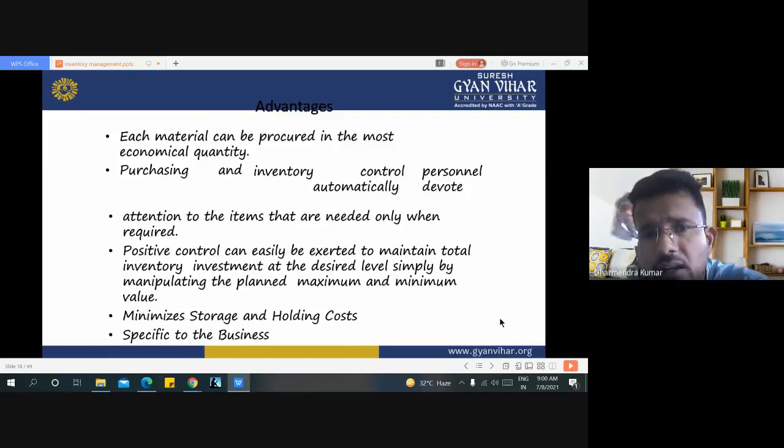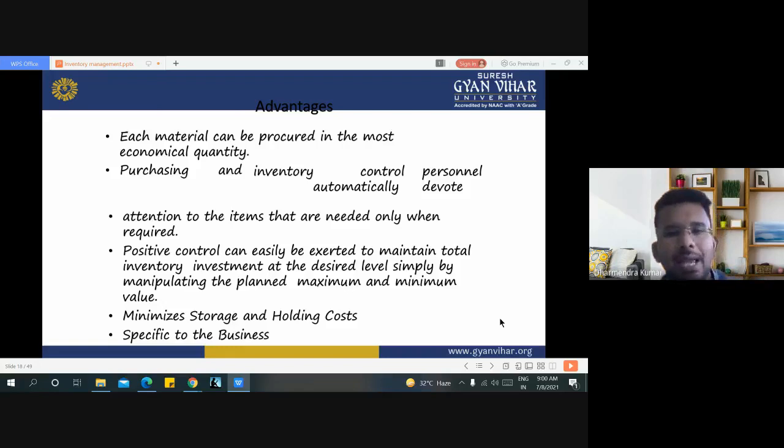Each material can be produced in the most economical quantity. Purchasing and inventory control personnel automatically devote attention to the items that are needed only when required.